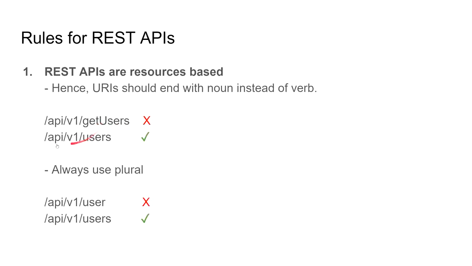If you want to get train details in a train reservation system, your API should be API version v1 and then trains. It should not be get trains. That's the first rule. The second rule is that it should always be plural, like users, not user. It should be trains, passengers, reservations, things like that.